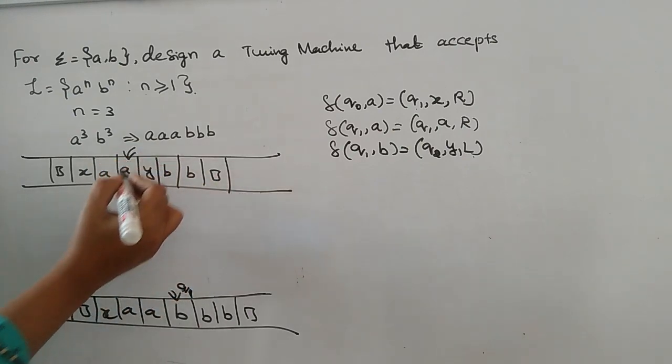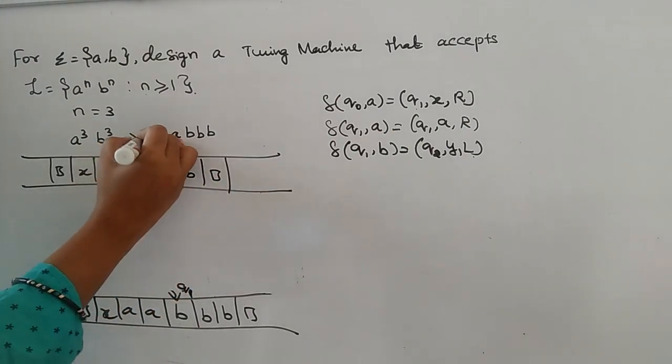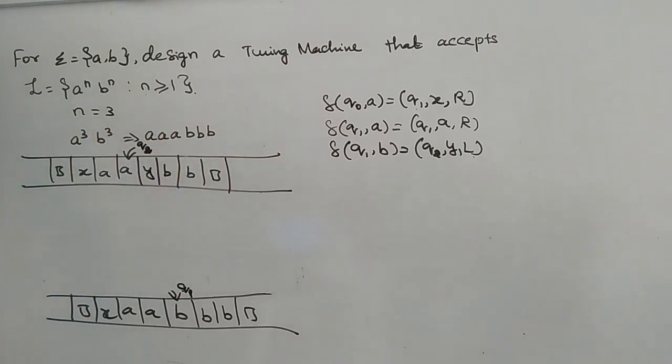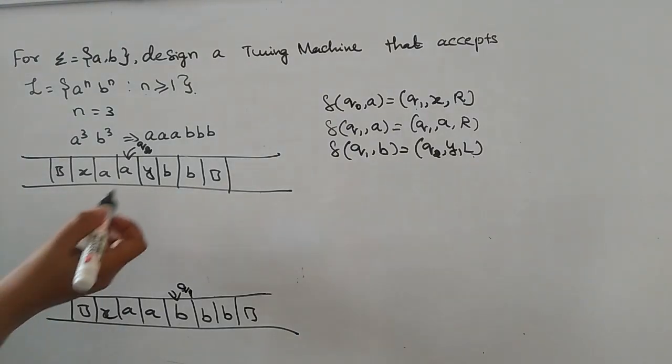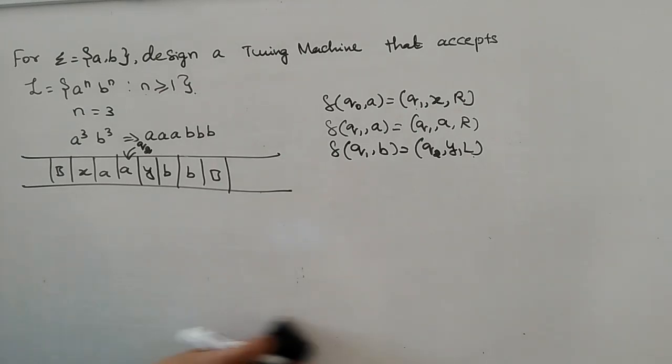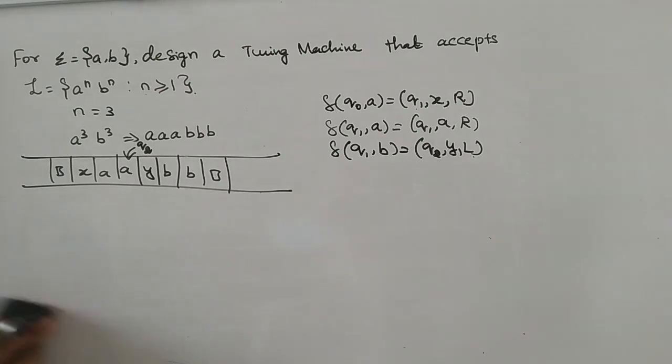But the read write pointer is pointing to the symbol A, and our machine will be in the state Q2. Now what we have to do here is, if the machine is in the state Q2 and it is pointing to the symbol A, we are not supposed to replace it. Why?